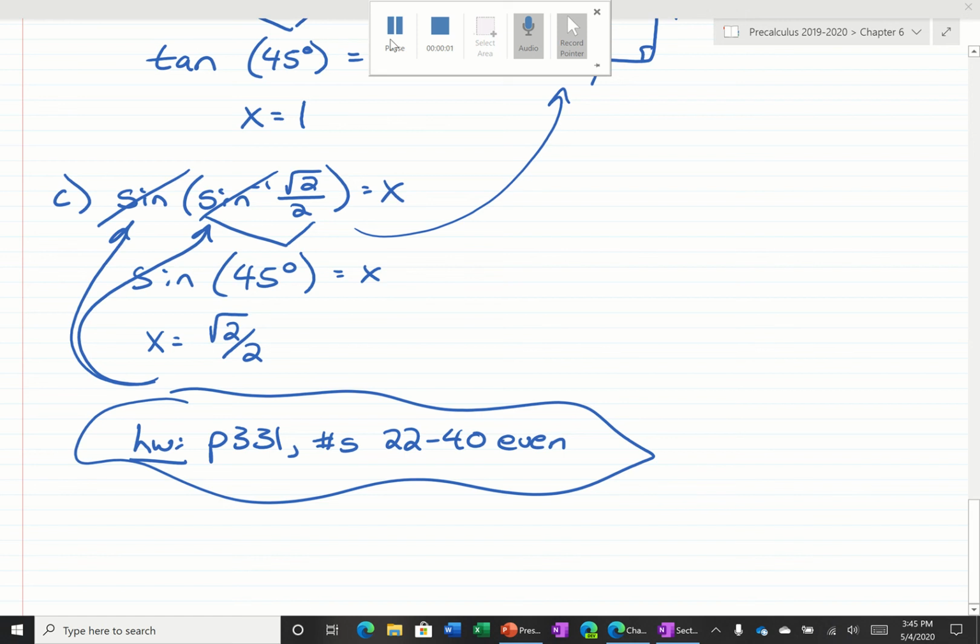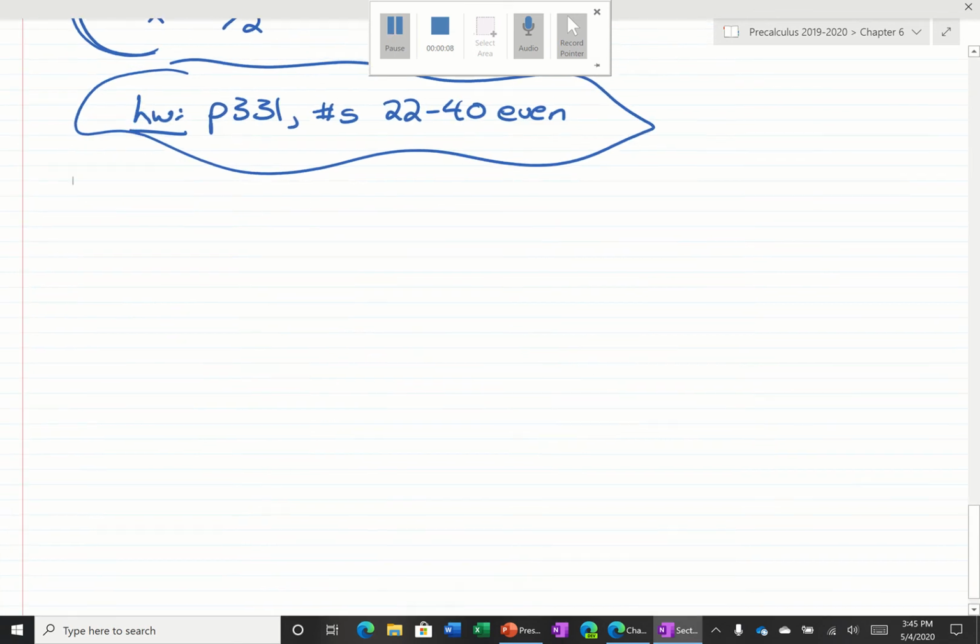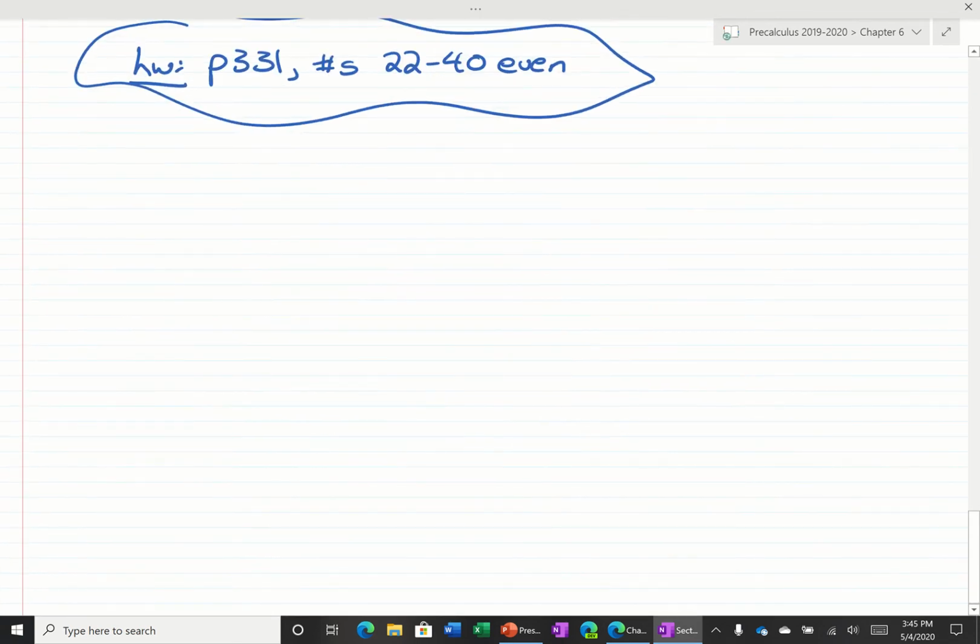Okay, so let's take a look at your homework from yesterday. I asked you to do on page 331, 22 to 40 even. For number 22, the question's asking you what angle gives you an inverse sine of 1 over root 2.